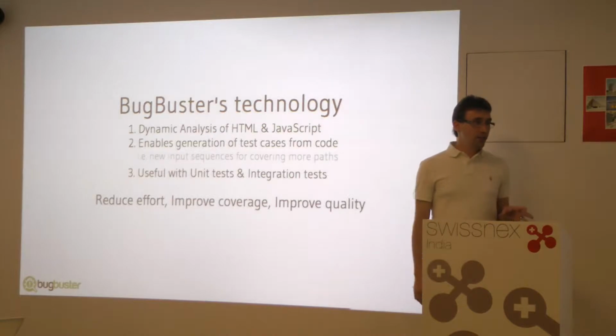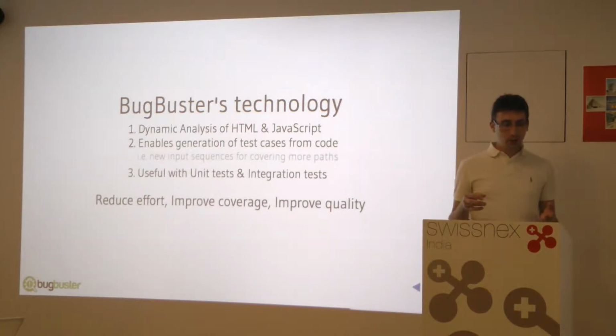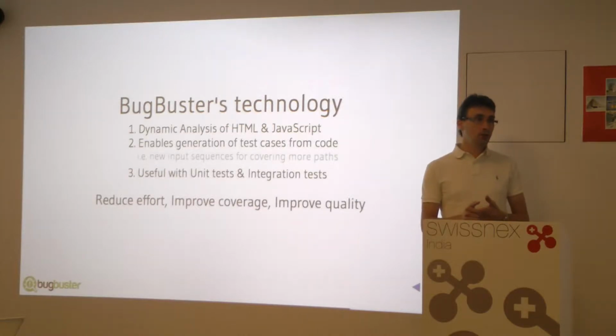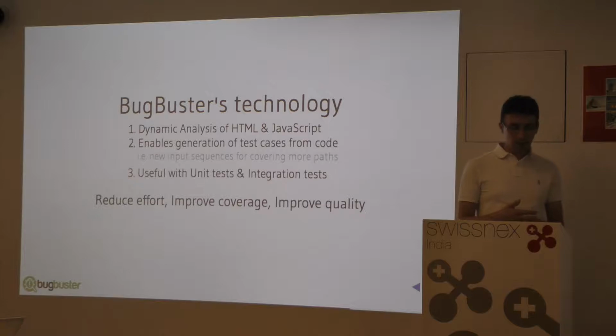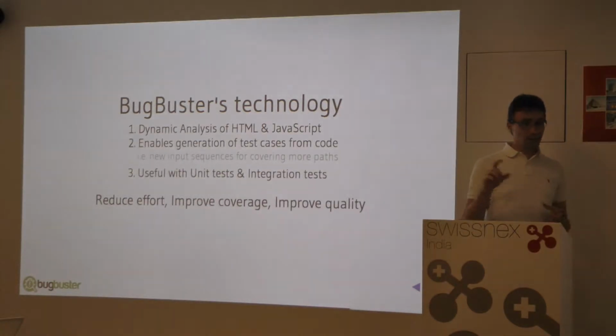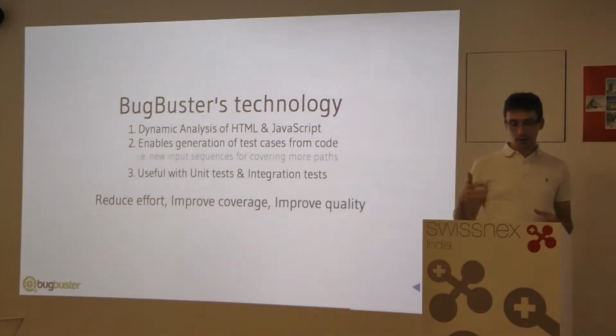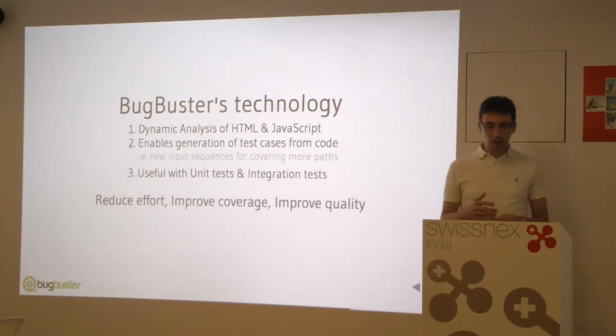What our technology does is it basically analyzes your code. It tries to help you come up with other combinations of inputs that you could use in your tests. That's useful if you're writing unit tests and also for integration testing, where in this case it actually explores your code completely automatically.